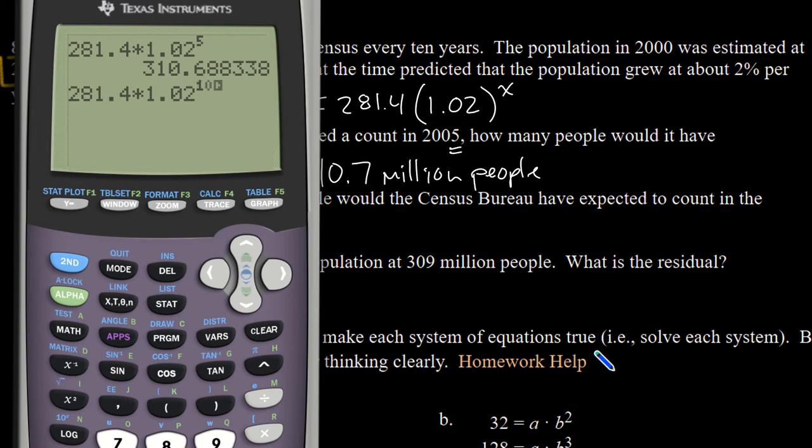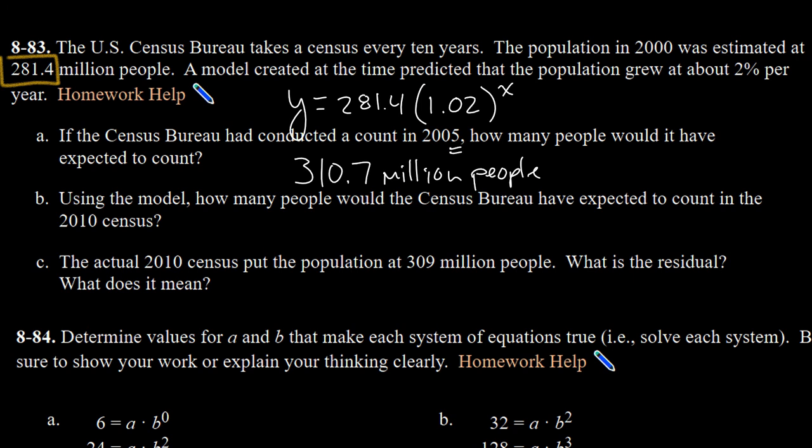So when x is 10, you can see we're getting 343.0 million. And you might be asking, why are you putting the 0.0 there? I'm putting it there because it's telling me that I'm correctly rounding to the nearest tenth. So that 0 has some significance. So 343.0 million people.